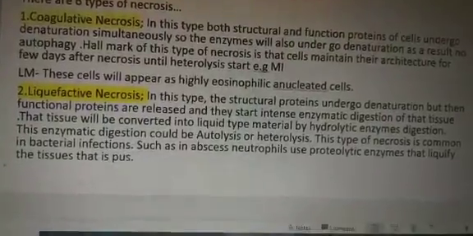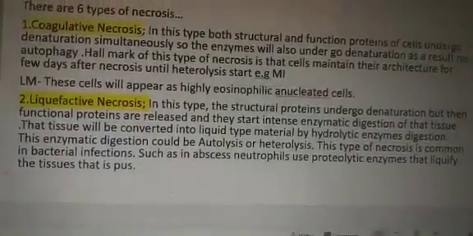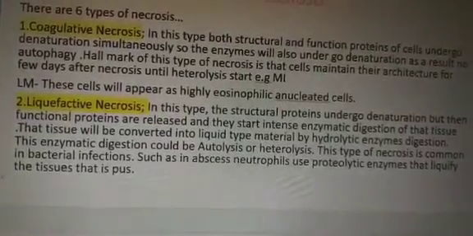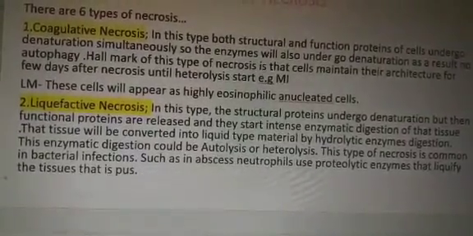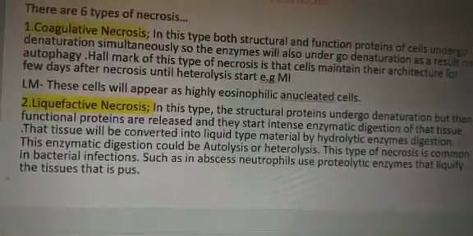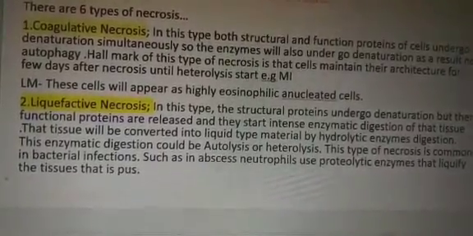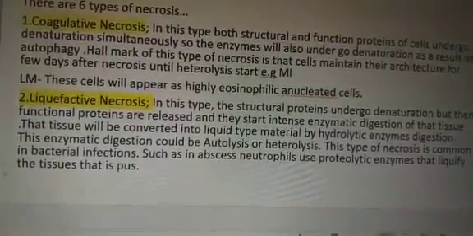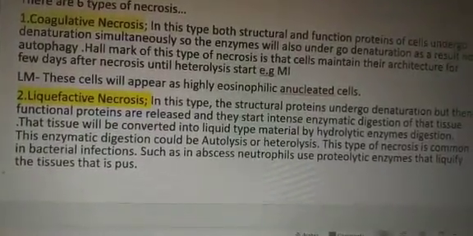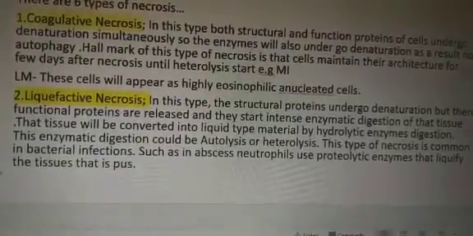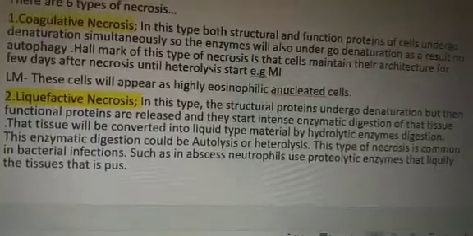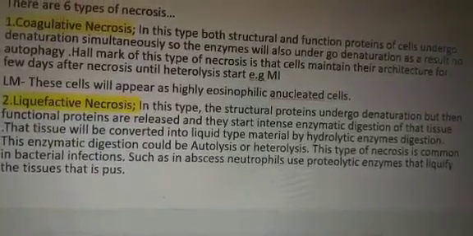Now the next type is liquefactive necrosis. What happens in liquefactive necrosis? The structural proteins undergo denaturation, so that denatured structure will not be able to hold different enzymes. So the hydrolytic enzymes will be released from the lysosomes, and they will start intense enzymatic digestion.